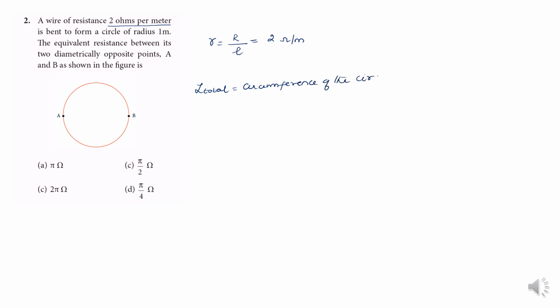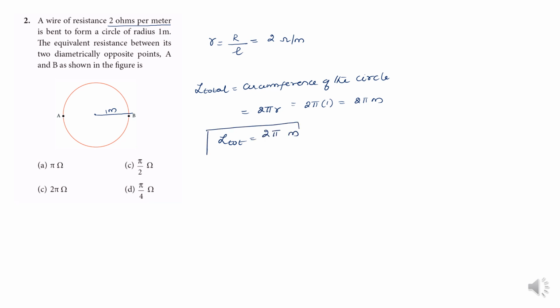Circumference of the circle will give you the total length of the wire. So circumference is 2 pi r. R is given as 1 meter, so the radius of this circle is 1 meter. So this is 2 pi into r, which is 2 pi meter. So L total is equal to 2 pi meter.